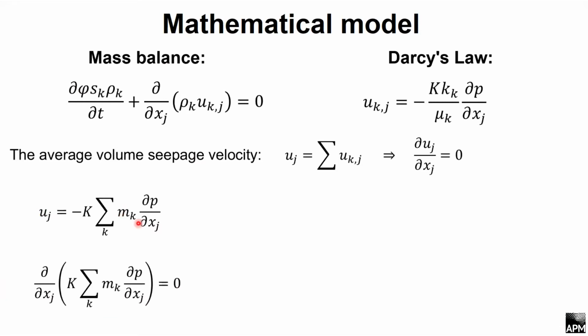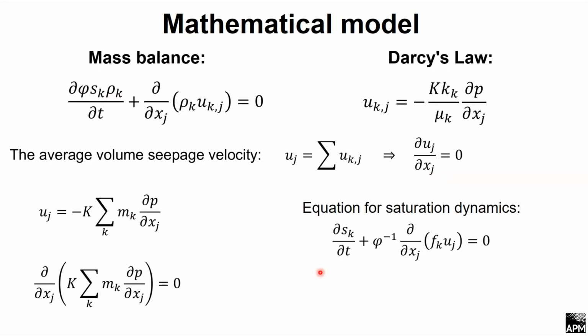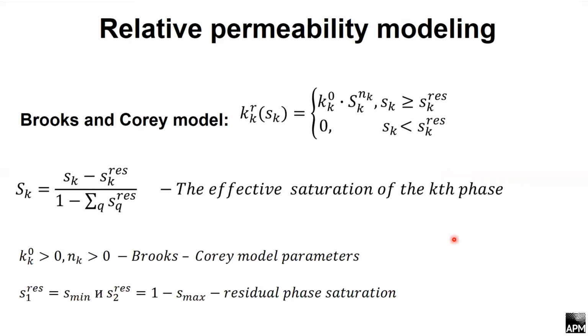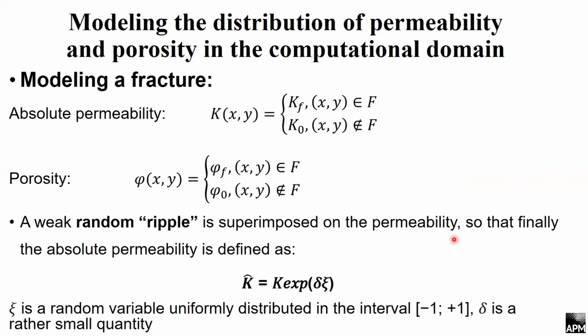After substituting this expression into this expression, we obtain the equation for the pressure, and the saturation of each phase can be found from this equation. The relative permeabilities of each phase are modeled by the Brooks and Corey model.